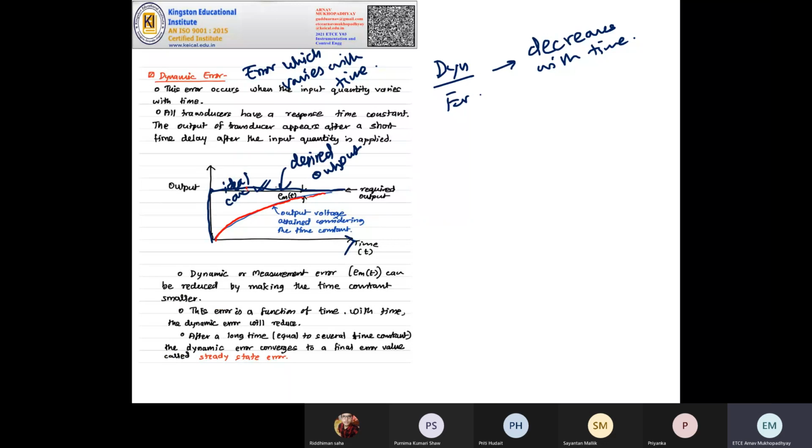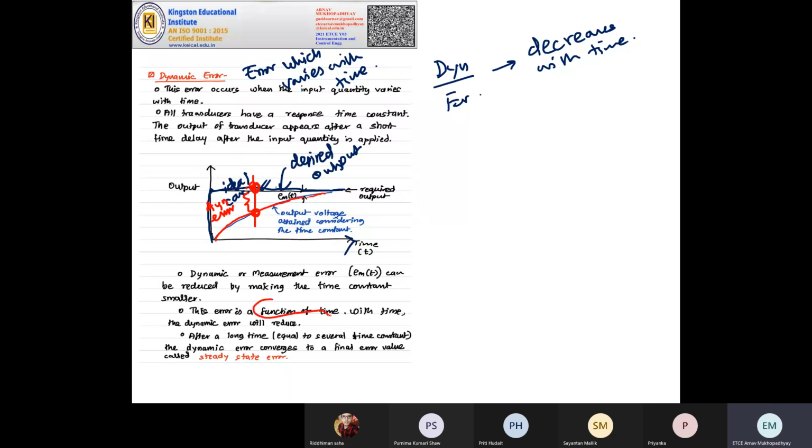So what is happening? If you measure at this point, your device is now outputting this value, but you desire this value. This difference in value is known as dynamic error. Okay. Clear? Dynamic error.